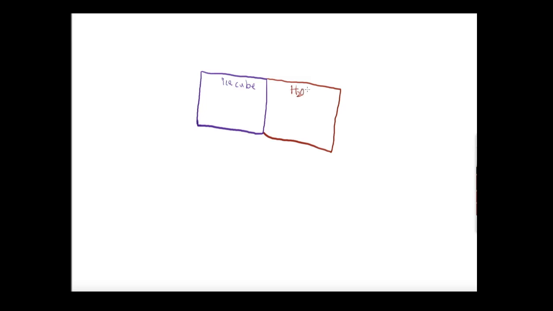So this is H2O liquid. This is the glass. This is the ice cube. And the ice cube is cold. All right, and the liquid surrounding it is hot. So let's talk about what this means.